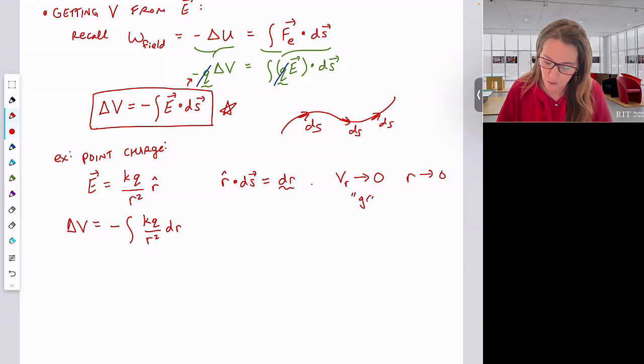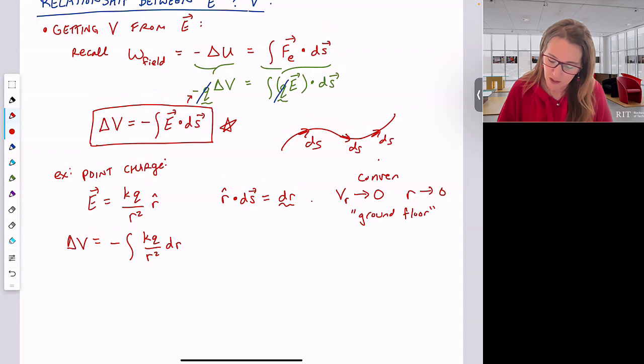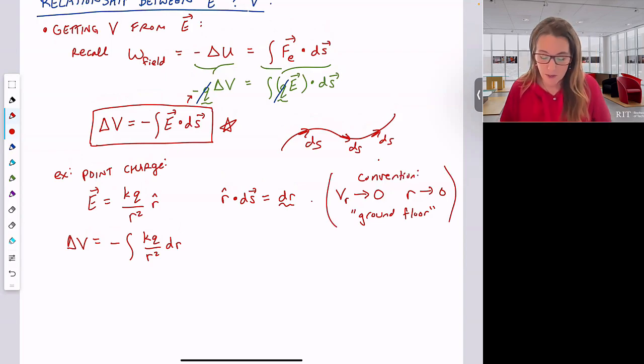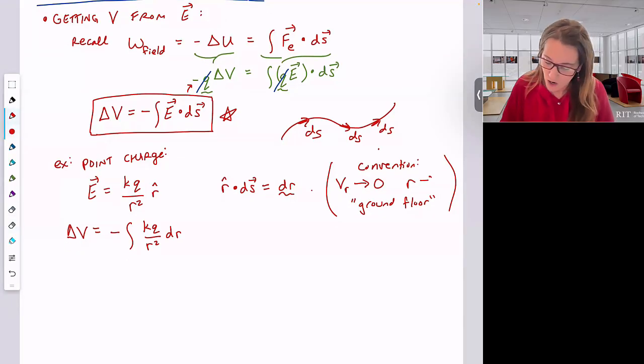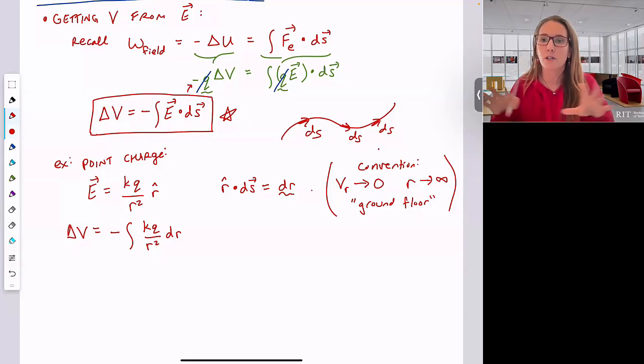So that's our ground floor. That's the convention that we're going to take, just so that we can match this up to our other values. That's where we're taking the ground.